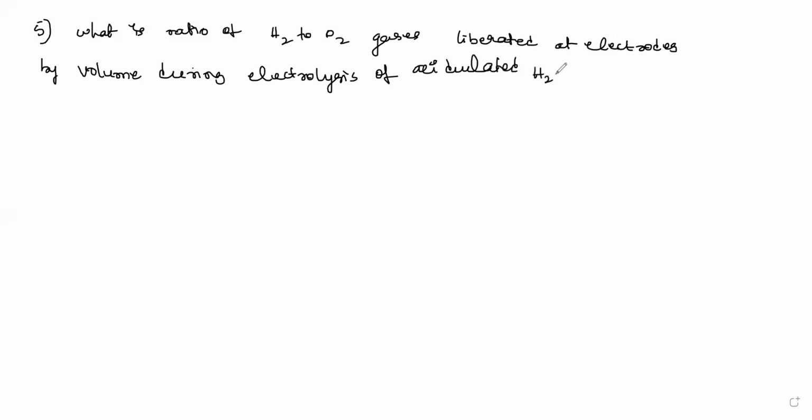That is the question. They gave four options: 1:1, 2:1, 3:2, and 1:2. What is the ratio of hydrogen to oxygen gas liberated at the electrodes by volume during the electrolysis?